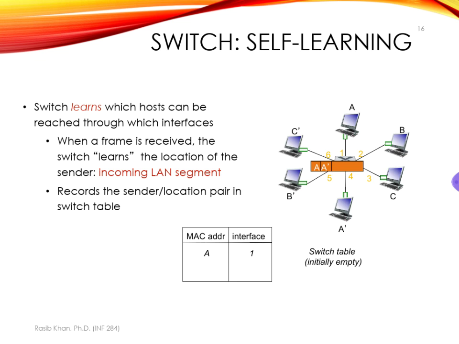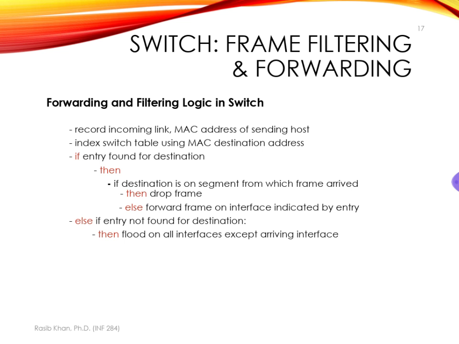Next, it checks to see if the MAC address table has any information regarding the destination MAC address A prime. In this example, it sees that there are no records which indicate which interface the switch should be forwarding this frame to, to be able to send the frame to the destination MAC address A prime. So in this case, we have to go through something else.